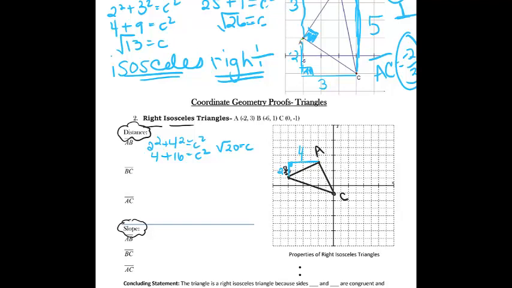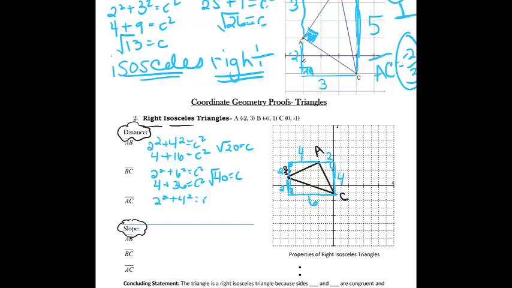From B to C, two spaces, 1, 2, 3, 4, 5, 6. And A to C, 2 and 4.